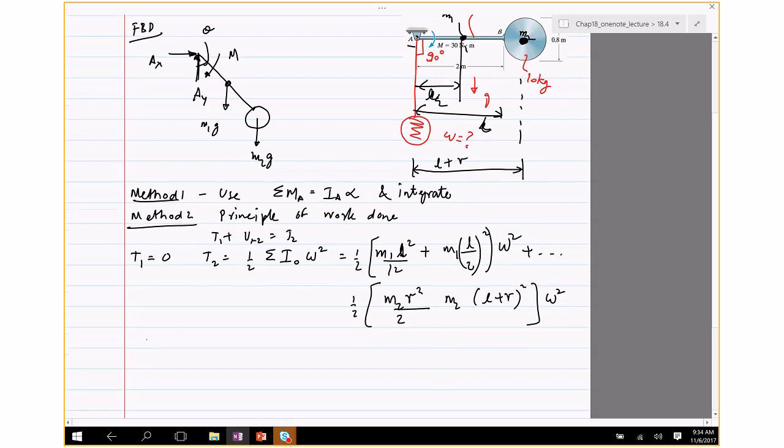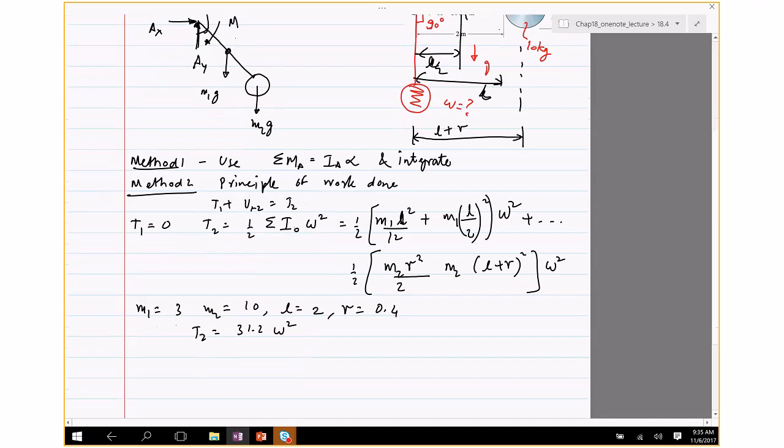Okay, so M1 is 3, I think. M2 is 10. L is 2. R is 0.4. So putting all that in, T2 comes out to be 31.2 omega squared.